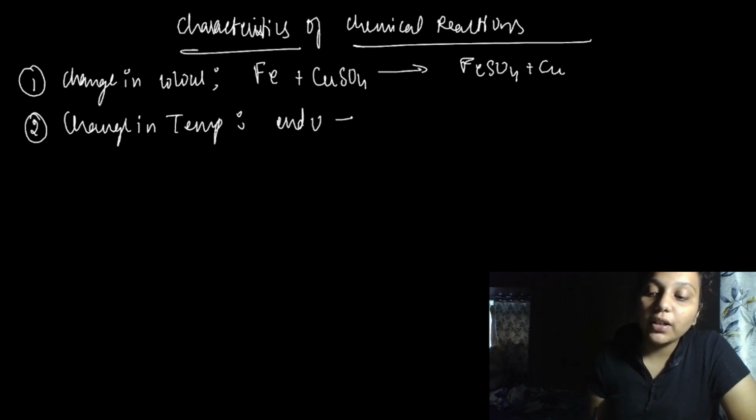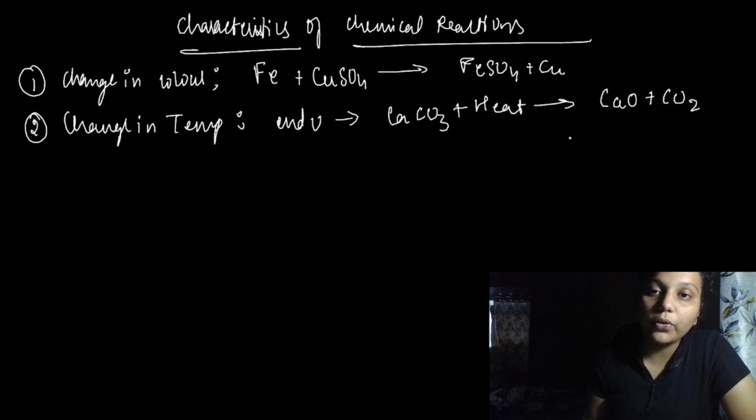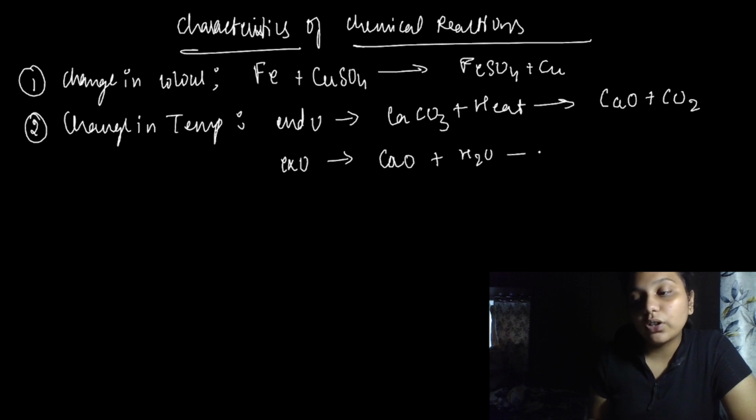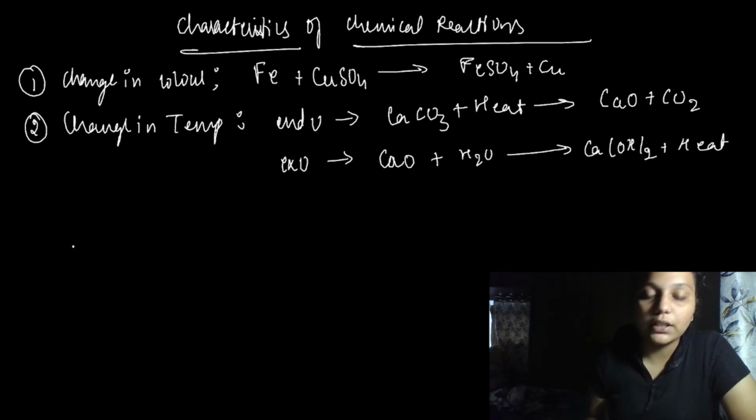In endothermic you can write CaCO3, which is calcium carbonate, and when it gets heated we will get calcium oxide plus CO2, carbon dioxide. In the exothermic reaction we can write quicklime, this is calcium oxide, when it reacts with water, we will get calcium hydroxide with heat present in it.